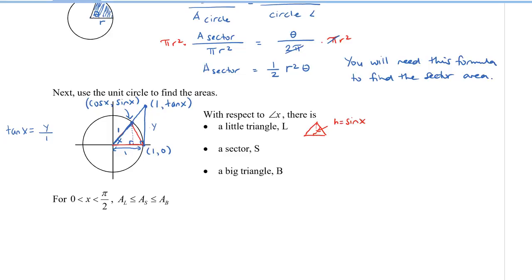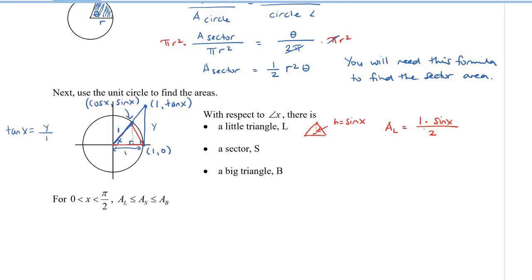So we can say that the area of the little triangle is base, which is 1, times height, which is sin x, divided by 2. So this is base times height divided by 2 to find the area of a triangle.